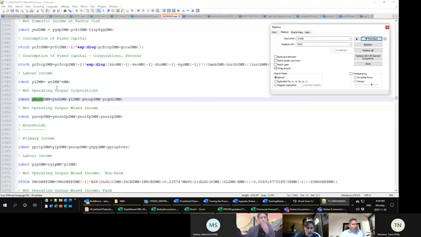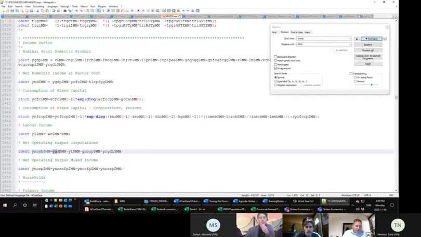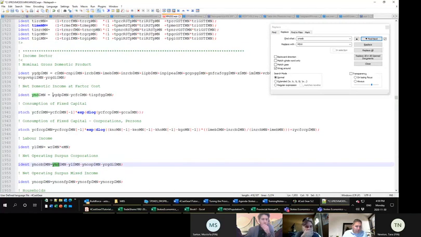Now, if you're familiar with the nominal side of the accounting framework, corporate profits are a residual. So you have your net domestic income, which is really largely driven by your nominal GDP estimate, and then you have your consumption of fixed capital and your taxes less subsidies. Given that these two are really small components and relatively stable, fixed capital consumption allowances tend to not really move at all.